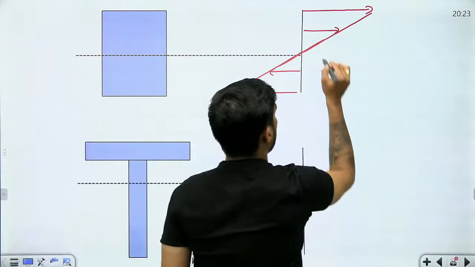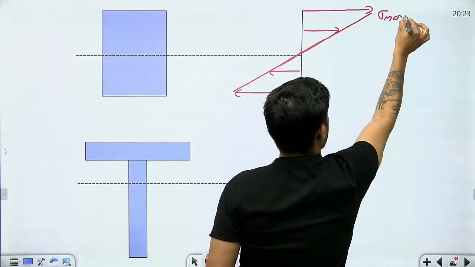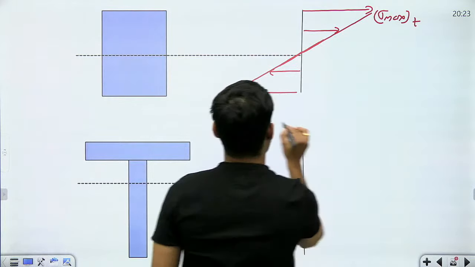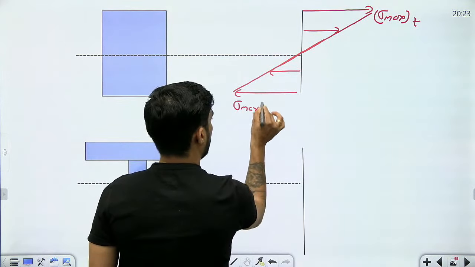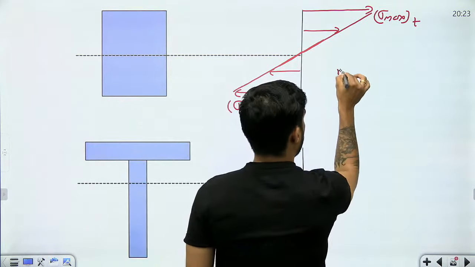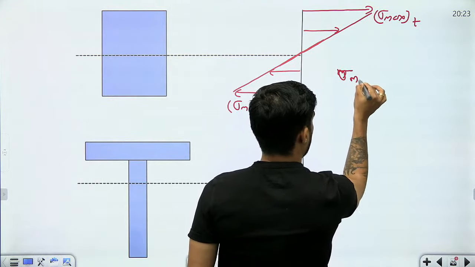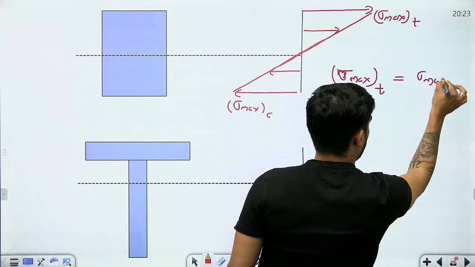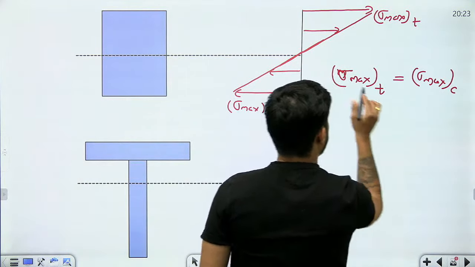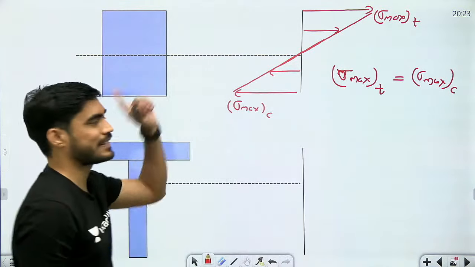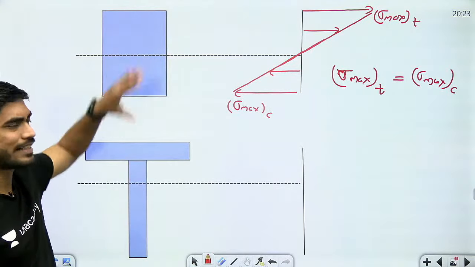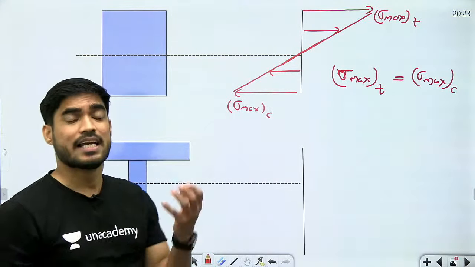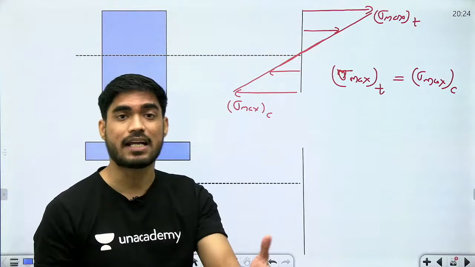So यहाँ पे मान लो this is sigma maximum in tension and this is sigma maximum in compression. So sigma max in tension and compression are equal. Maximum tensile stress or maximum compressive stress इस केस में equal है. Okay, in case of rectangle, in case of circle, in case of I section, symmetric I section.